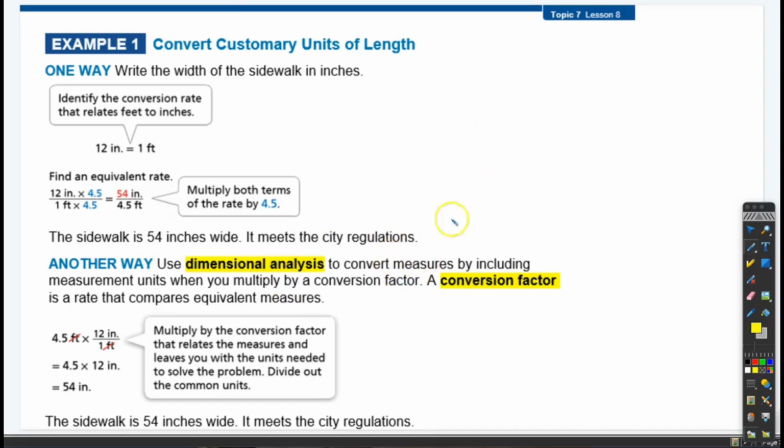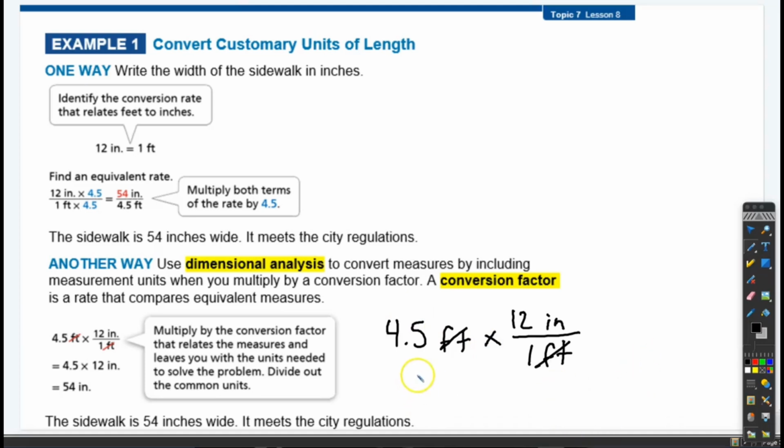So, what they do is they get the 4.5 feet. And then they multiply it by 12 inches to 1 foot. They cancel out the feet because they cancel out across from each other.